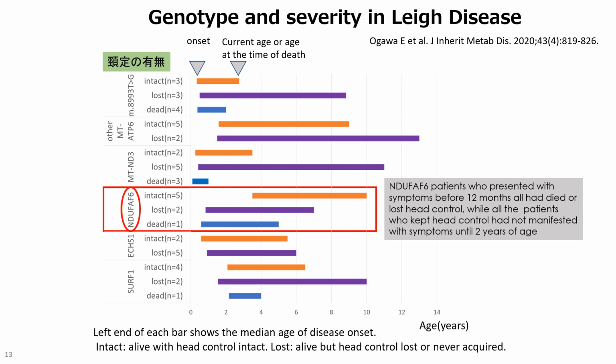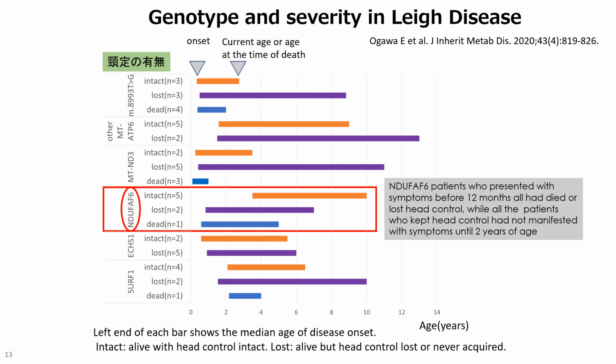Genotype and severity in Leigh disease. Among patients with genetic diagnosis that shows a narrow distribution of onset age, those who died and those who are still living could not be distinguished by the onset age.